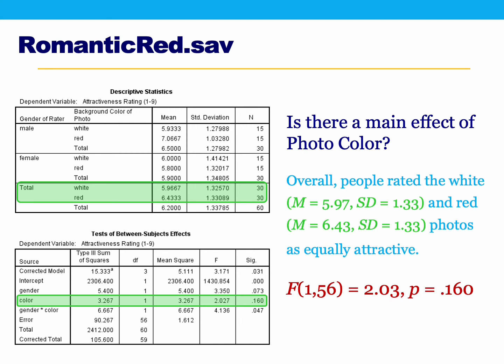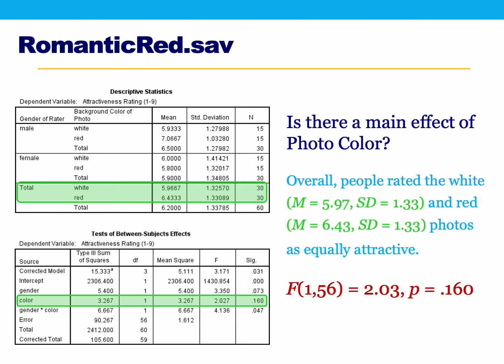So what we're going to look for to evaluate this is we're first going to look at our descriptive statistics. Our descriptive statistics for the main effect of photo are going to be in the descriptive stats table under total.